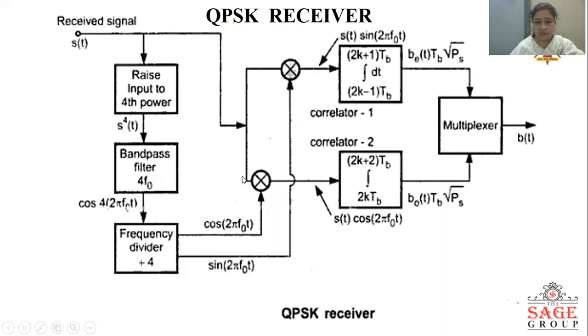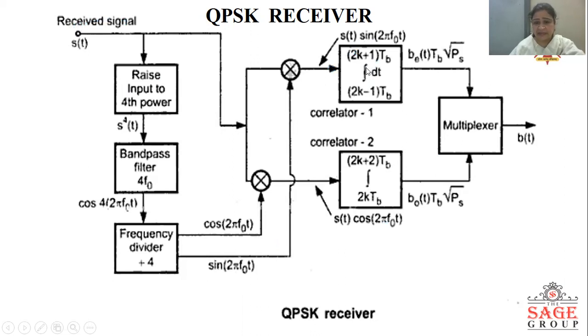Now we use the multiplier circuit and multiply these synchronized carriers with the incoming received signal. So here we get s(t) into sin 2 pi f0 t and s(t) into cos 2 pi f0 t. Now these two inputs are given to the integrate and dump receiver. The integrator circuit sums up the input for 2-bit periods. Why 2-bit periods? Because we have already seen that in QPSK each symbol consists of 2 bits.